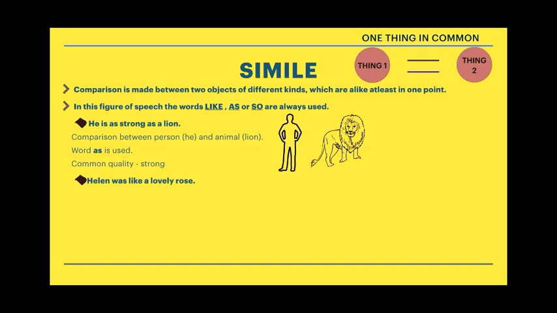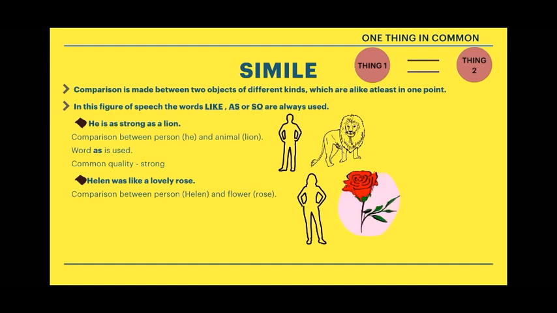Helen was like a lovely rose. So in this sentence, we are comparing this person Helen and the flower rose, and we use the word like to make this comparison. And what is the one thing in common between them? They are both lovely. John is as clever as Jack.